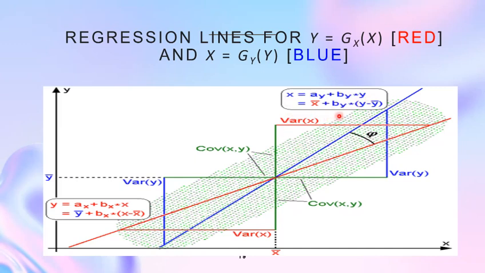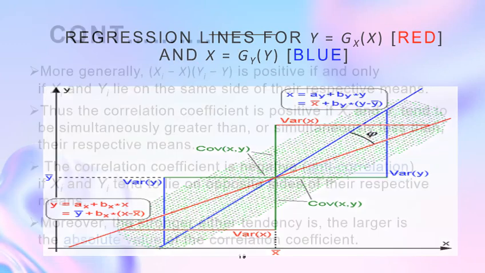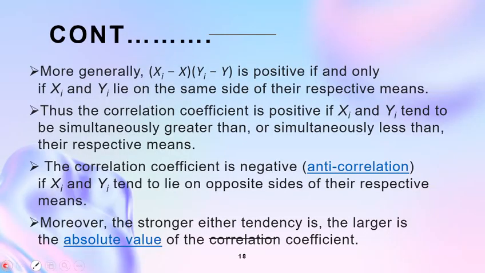And this basic expression is the key point behind all of the scatter plot diagrams and the Pearson's correlation coefficient, and elsewhere as well. More generally, (xi minus x bar) times (yi minus y bar) is positive if and only if xi and yi lie on the same side of their respective means. That means if one is lying on the positive side, the other variable should also be lying on the positive side.